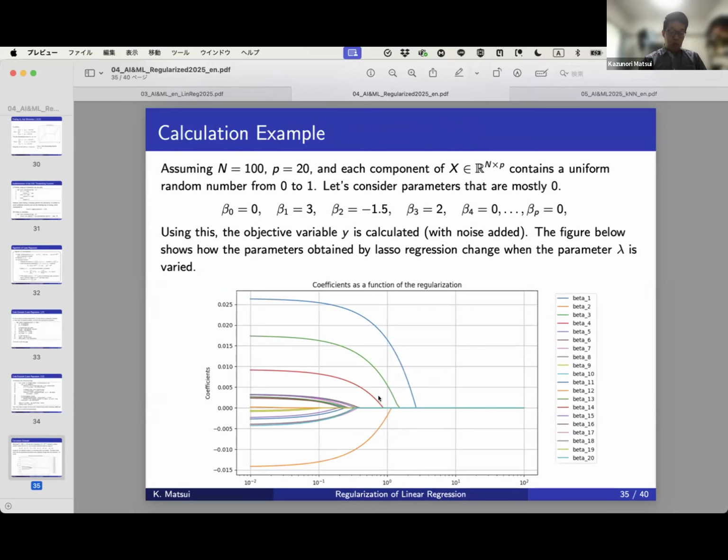For example, in the graph, the blue line, which is beta 1, has the largest value, suggesting that the first explanatory variable has the greatest influence on the objective variable. That was the topic of the discussion.